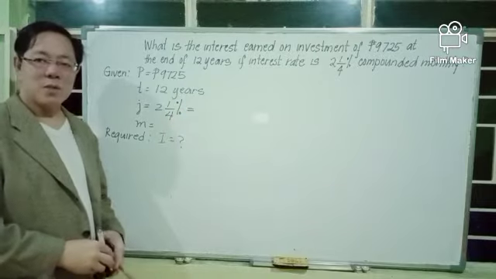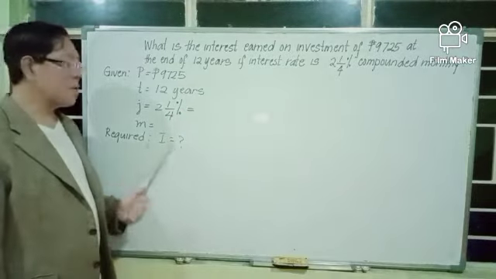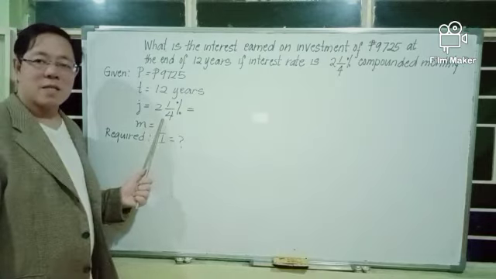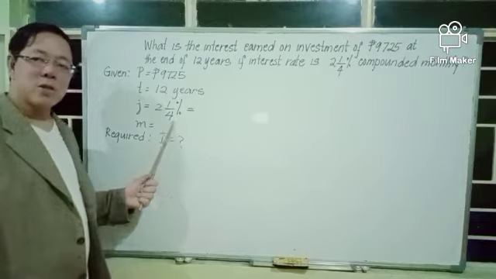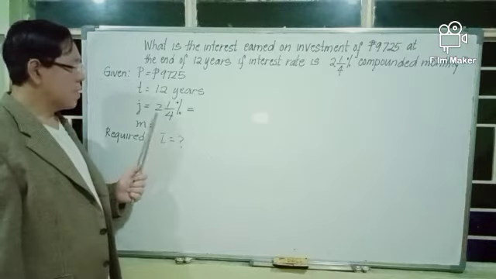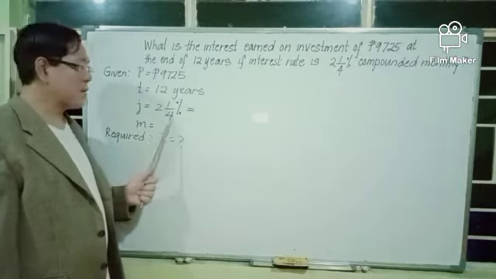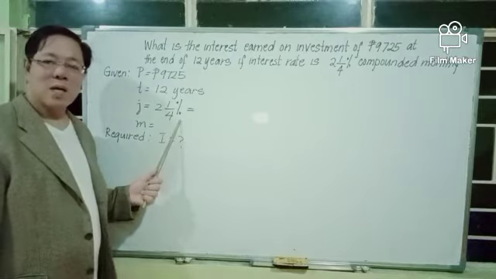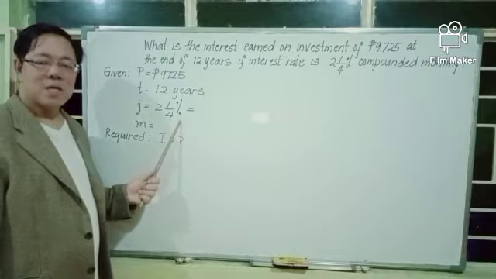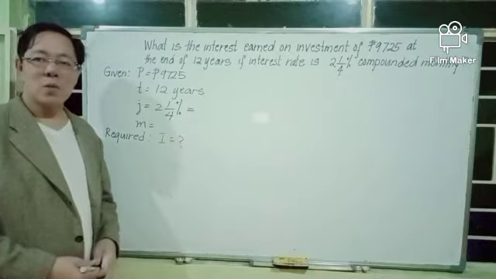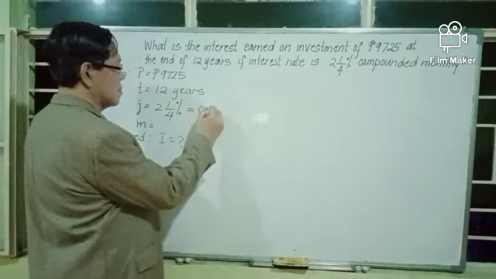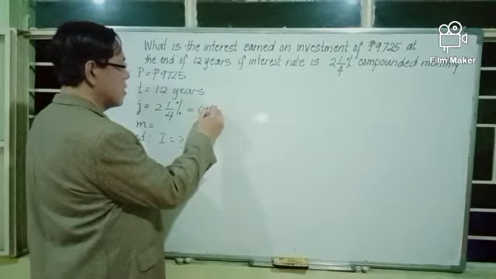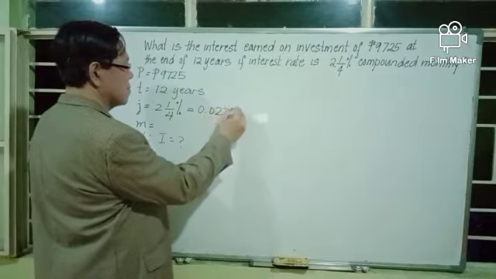But when we substitute this in the formula, we always convert the interest rate in decimal number. 1 divided by 4 is 0.25 plus 2, that's 2.25%. And you divide 2.25 by 100 in your calculator, and you should get 0.0225.